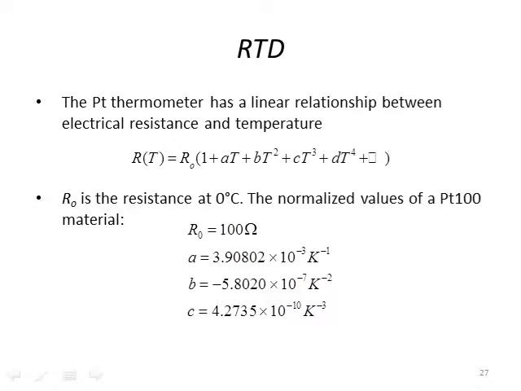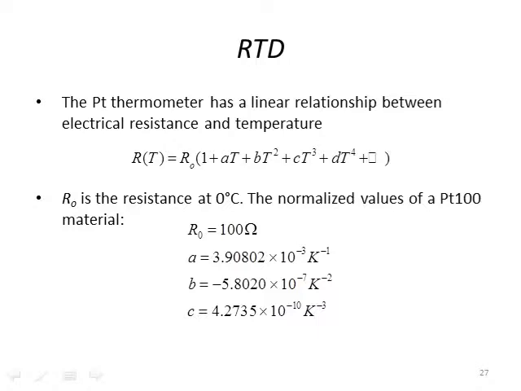For platinum 100, usually you can have just the linear 1 plus AT term times R0. But for example, in a data sheet for platinum 100, which is a type of platinum, they define R0 as the resistance at 0 degrees centigrade, which in this case is 100 ohm. And then these are the A, B, and C coefficients.